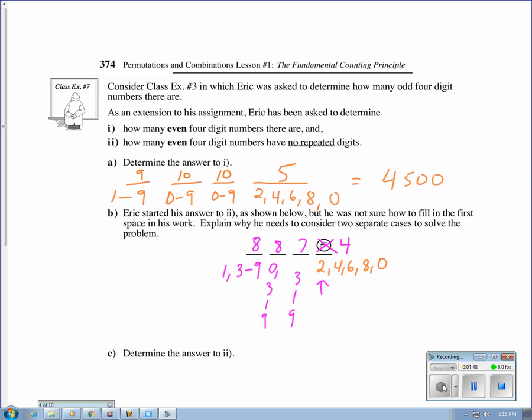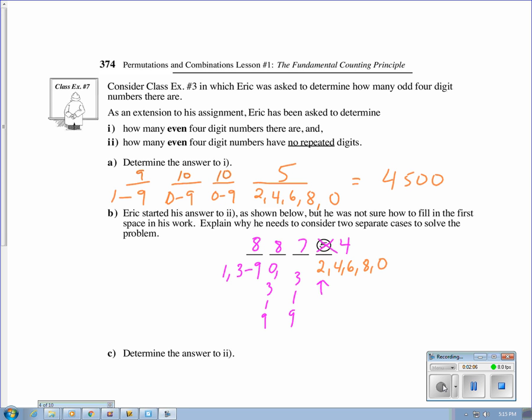So this question ends up putting our thinking really to the test, because Eric has an interesting scenario. There's a special condition in that the number 0 plays a unique role.